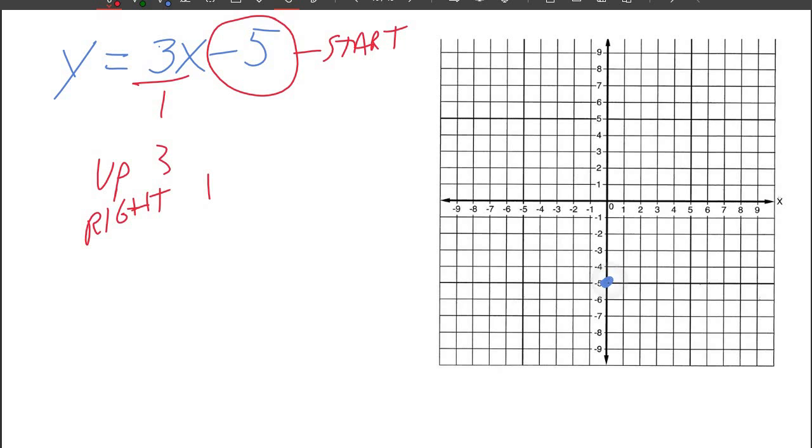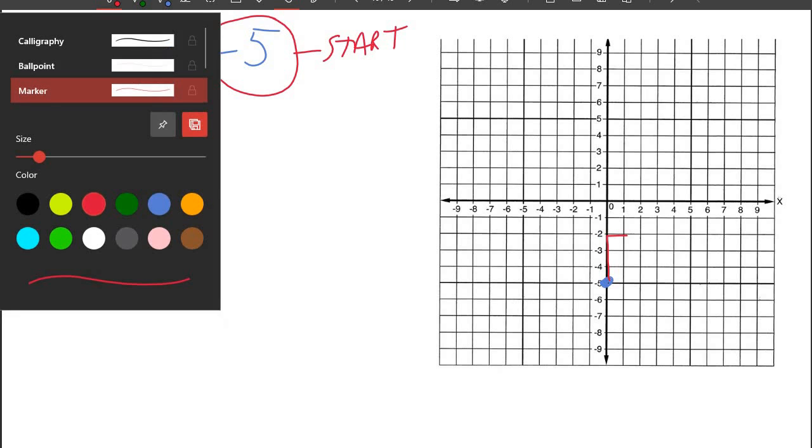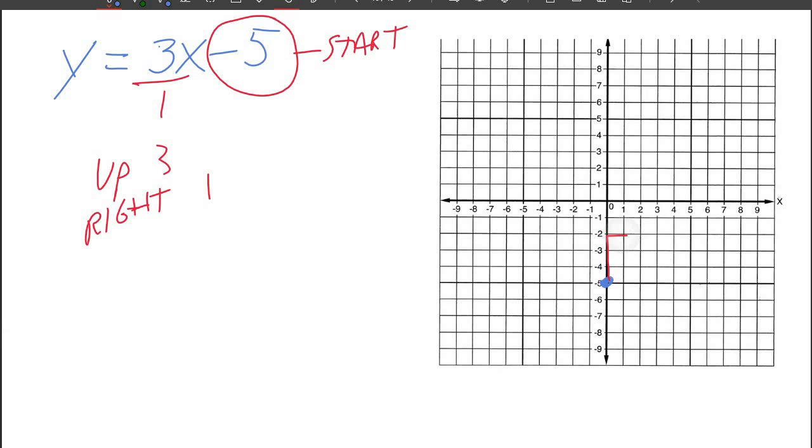So we go up 3, 1, 2, 3, and over 1, and draw our dot. And again, I could go up 3 and over 1 more, just to be on the safe side. Then sketch our line. So whole numbers, put it over 1.